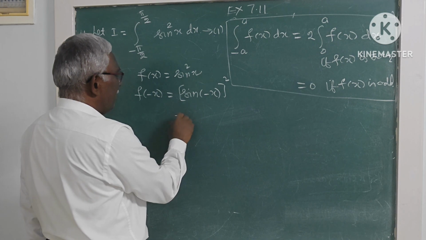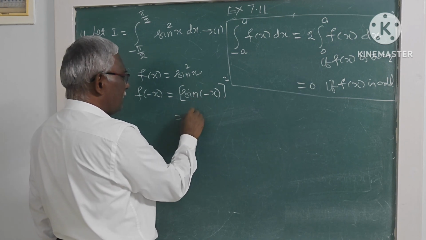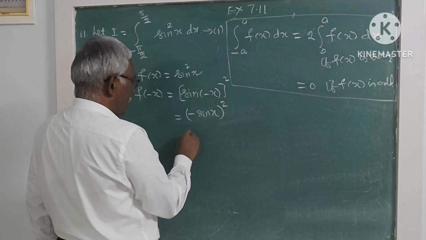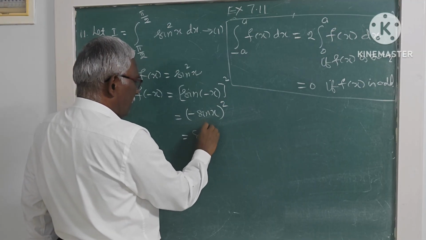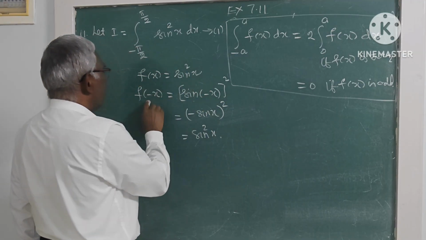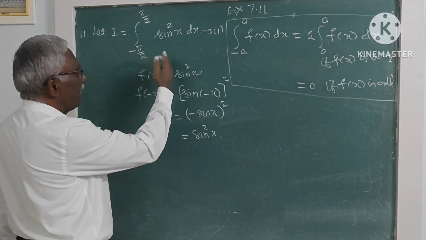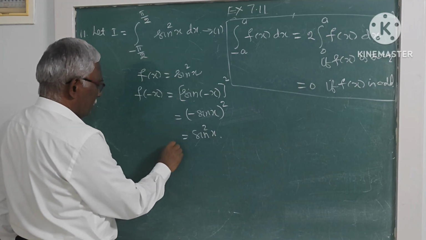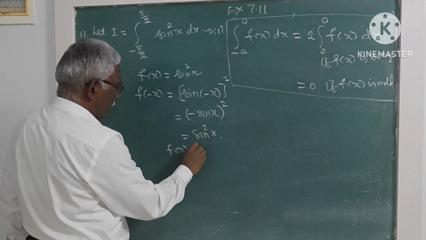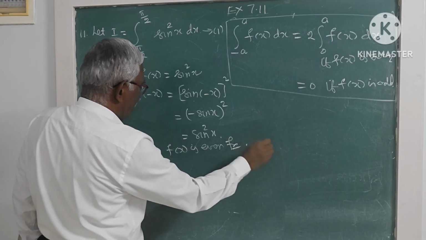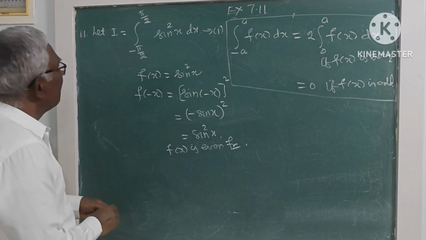So this will be again sin of minus x, which is minus sin x, whole square. So this becomes sin square x only. f of minus x is equal to f of x. So that is the even function. f of x is an even function.